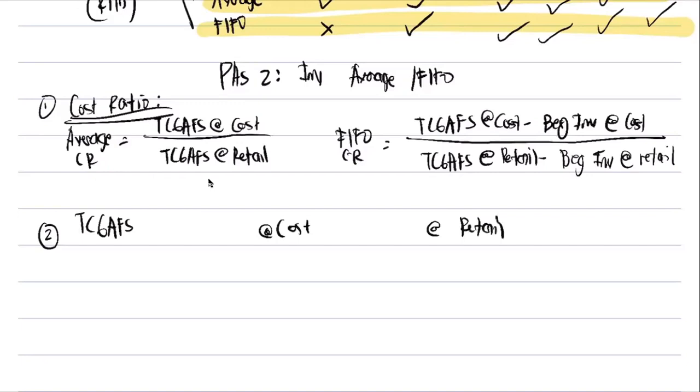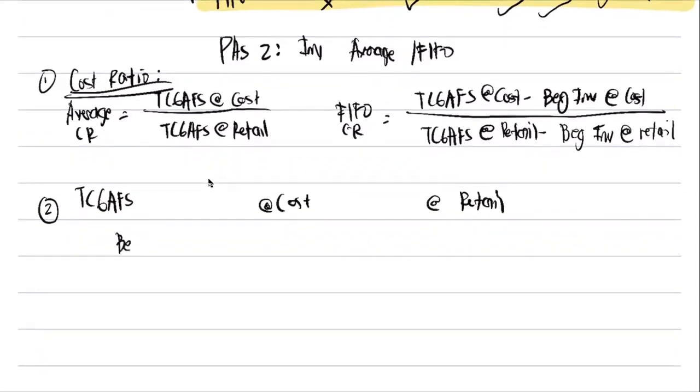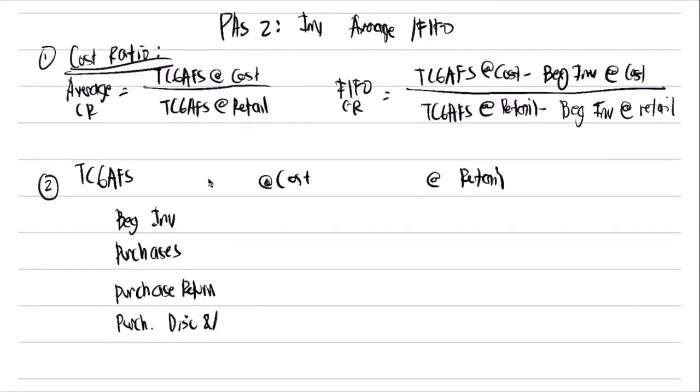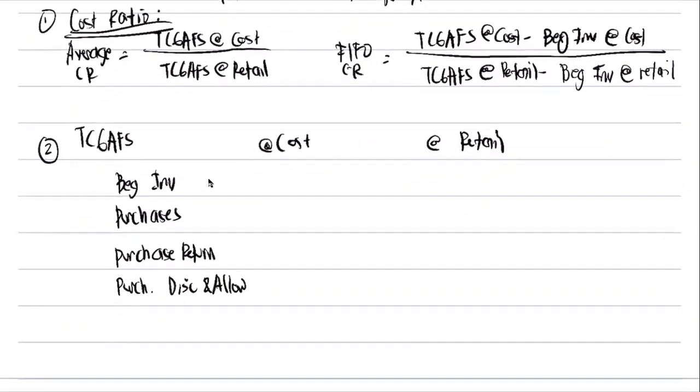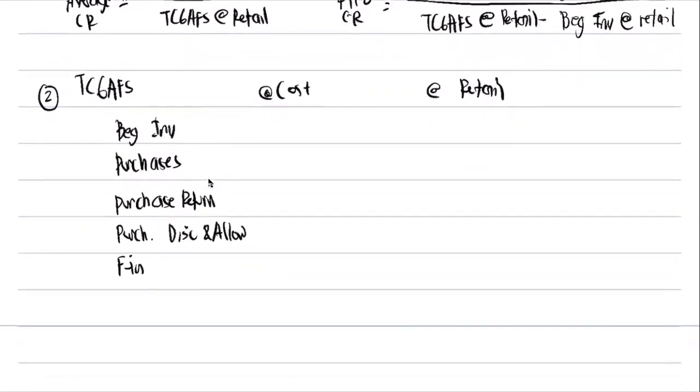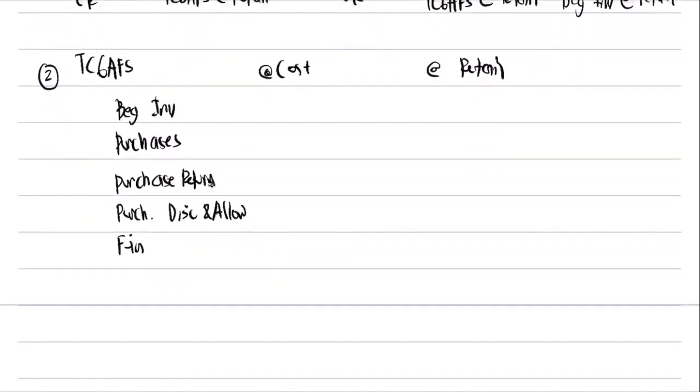So what are the items of your cost of goods available for sale? So first, of course, we have your beginning inventory. We have your purchases. We have your purchase return, purchase discount, and allowance. Freight in. We also have your additional markup.